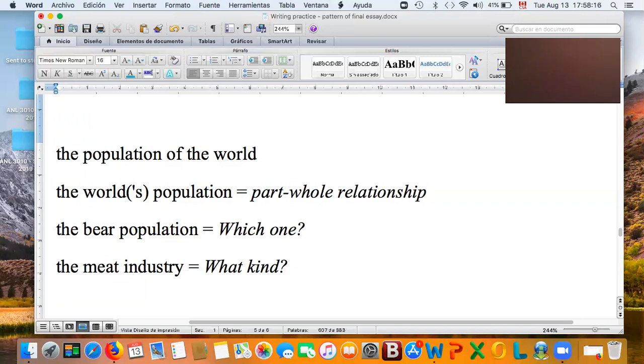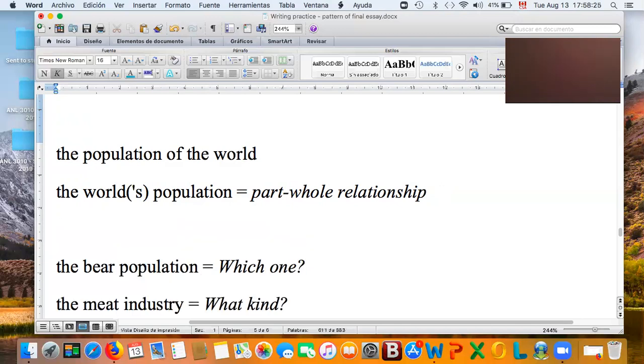But let's talk about that some more. Why isn't it the world population? Well, let me give you an illustration. What is the difference between these two?